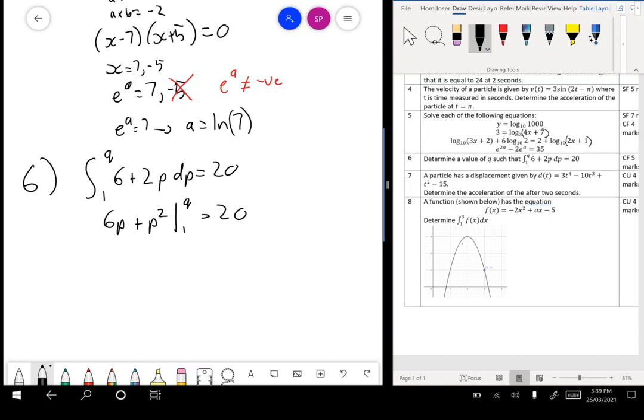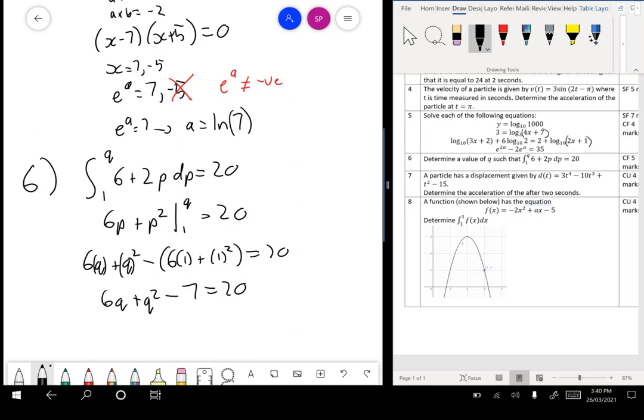So let's do our upper minus our lower. 6q, because I'm replacing my variable with q, plus q squared, minus 6 times 1 plus 1 squared, equals 20. 6 times 1 is 6, plus 1 is 7. So we get 6q plus q squared minus 7 equals 20.